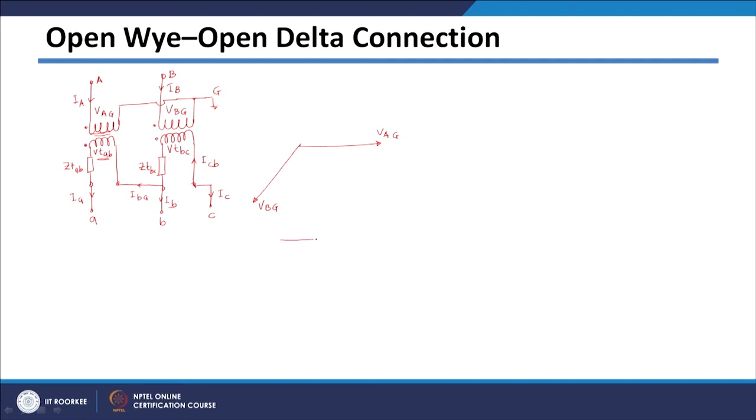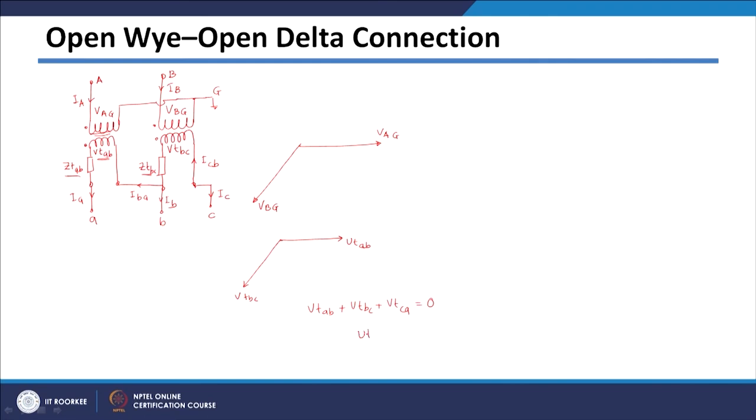So your VTAB will come somewhere here, in phase with VAG, and VTBC will be in phase with VBG. So this will be your VTBC. Your VTAB plus VTBC plus VTCA will be equal to 0.